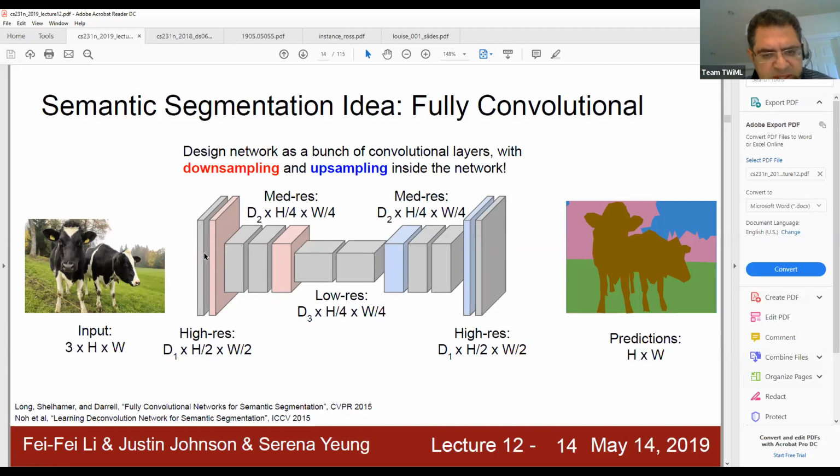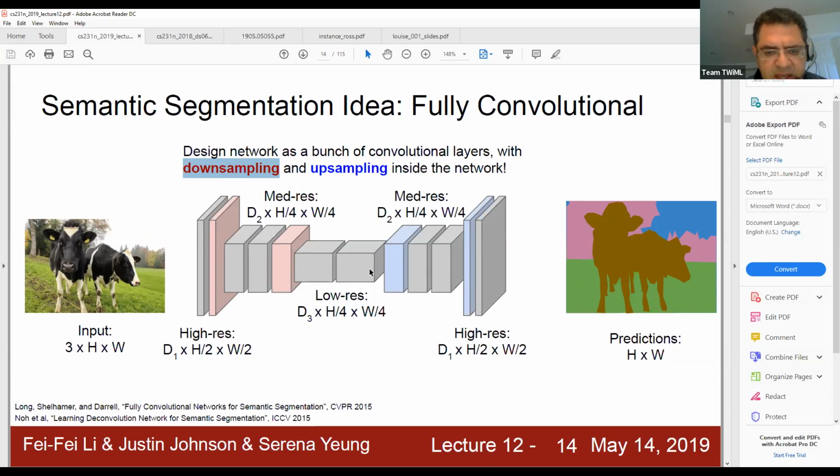You do this downsampling first, and then you build it up, and then you do upsampling to get back to the original resolution of the image. Downsampling we are familiar with. It is similar to the max pooling operation. Max pooling will do downsampling for you, but upsampling was new.